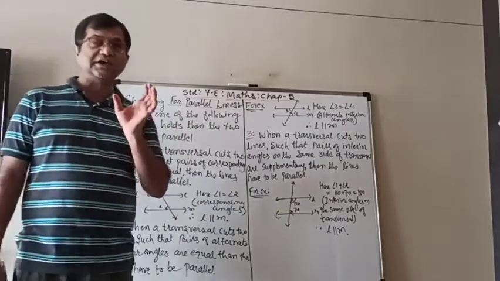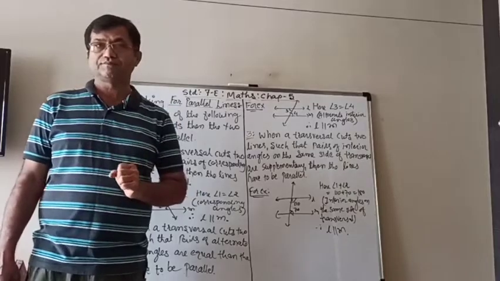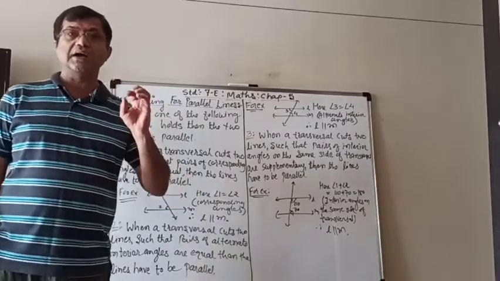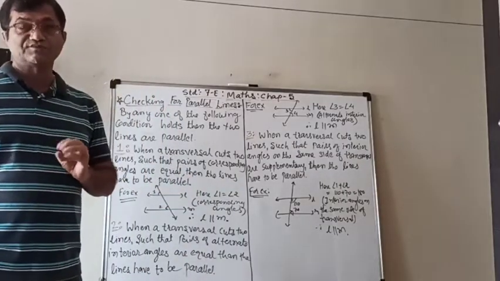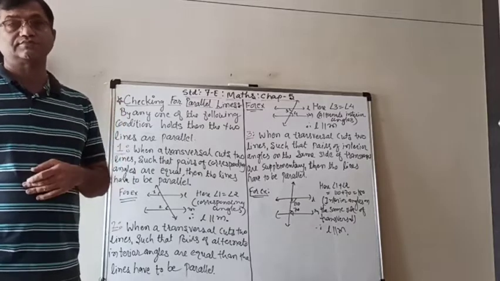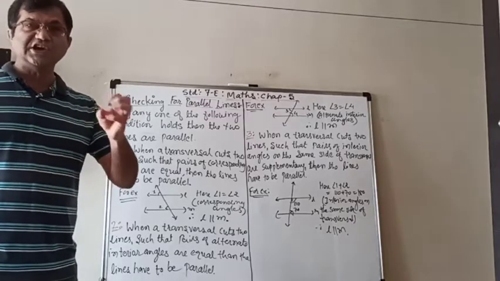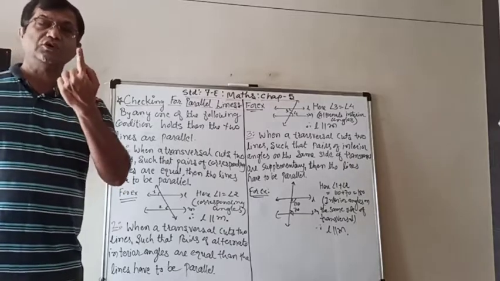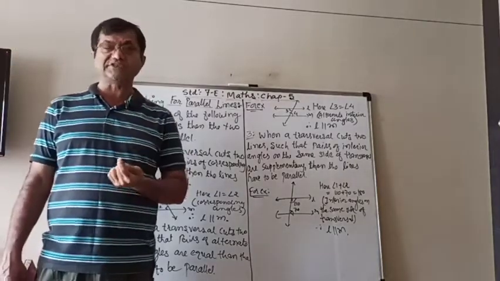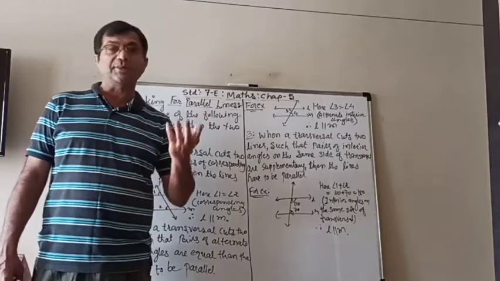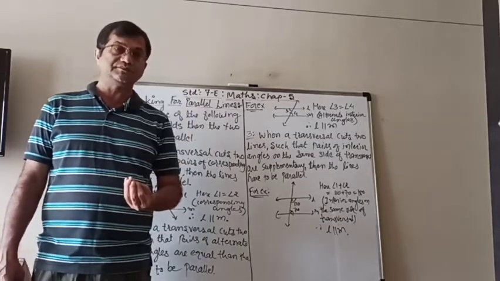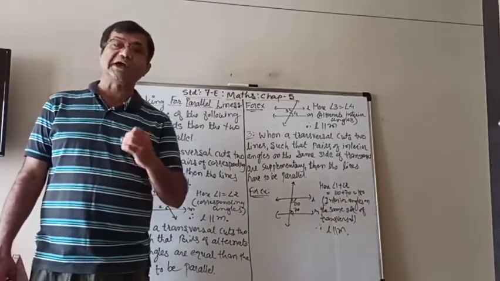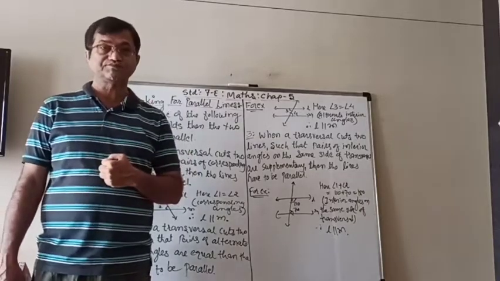It means that in the figure we have to check the measurement of corresponding angles. Each pair should be equal. But if you prove that one pair is equal, then automatically the others will be equal, and therefore those lines will be parallel.